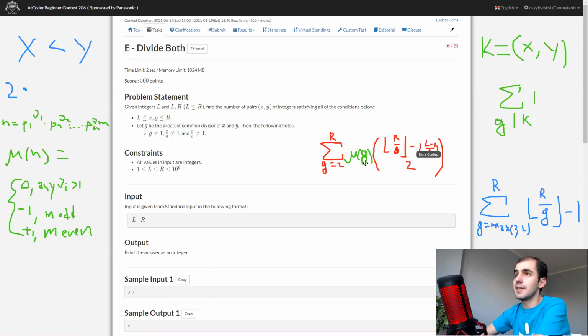Now, we would like to understand why this construction even works. So basically, what we are looking for is some function f of g such that the sum of f of g over divisors is equal to 1, right?